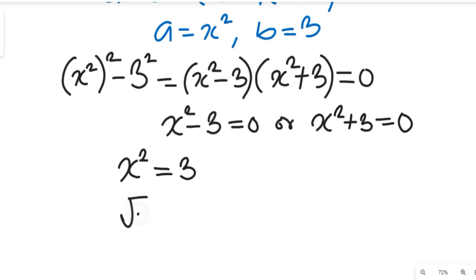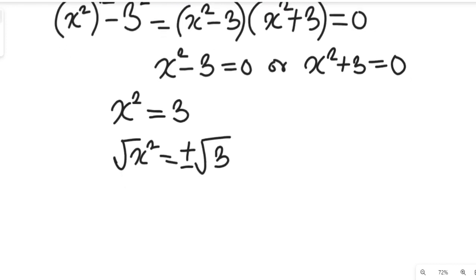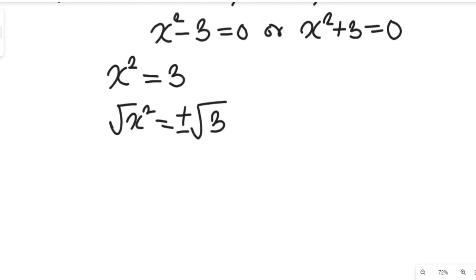If we take the square root of both sides, we're going to have plus or minus the square root of what? 3. So this will clear this, and then we'll have our x to be equal to plus or minus the square root of 3.